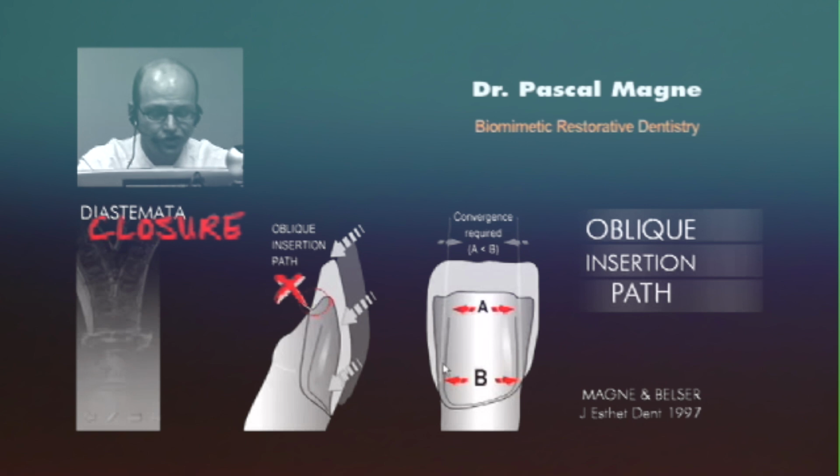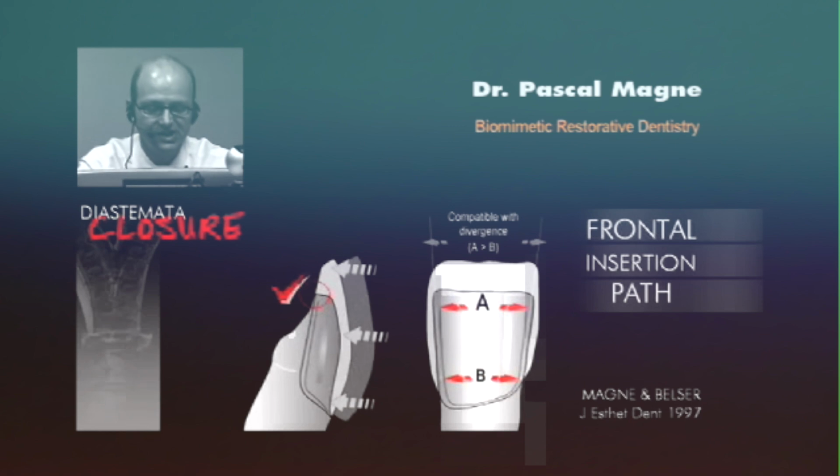And this convergence is going to cost you a lot of enamel and also dentin, and it will be a waste of intact tissues. Instead, choose a frontal insertion. I must tell you, the frontal insertion with a butt incisal margin is a very universal approach to this type of restoration.